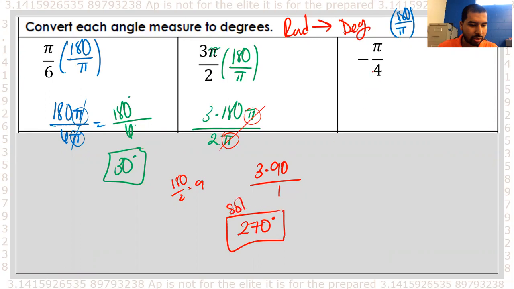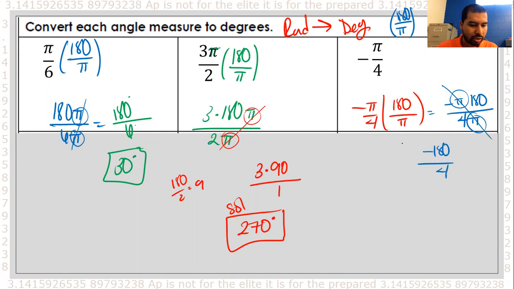Last but not least, we're going to do the same thing. So negative pi over 4 times my 180 over pi. Keep in mind this is negative. Don't forget your negative. So from here, I got negative pi 180 over 4 pi. And we can go ahead and simplify. And we got negative 180 divided by 4.